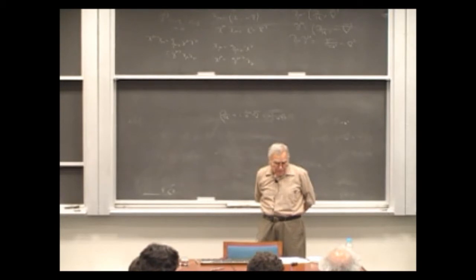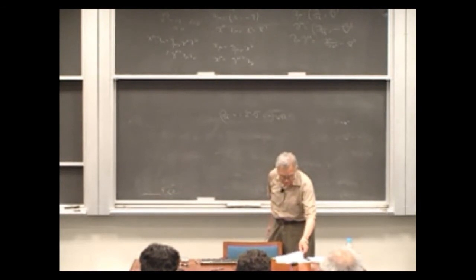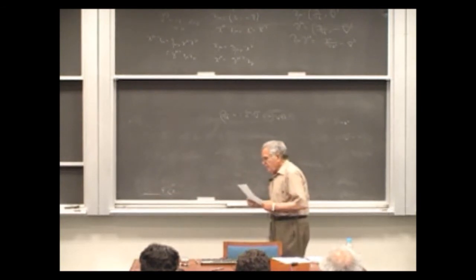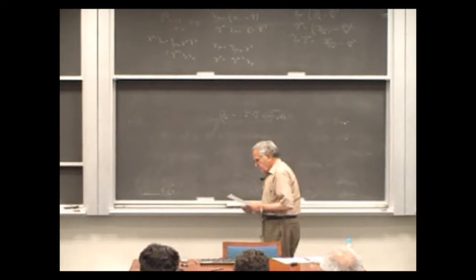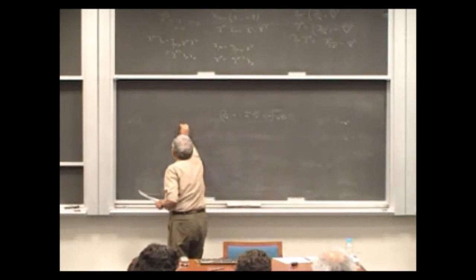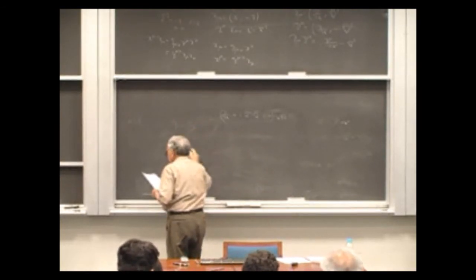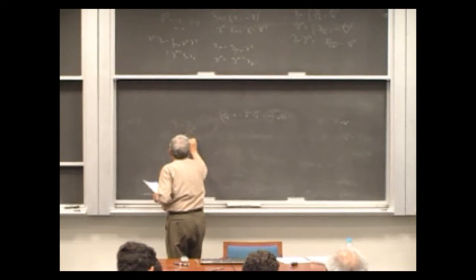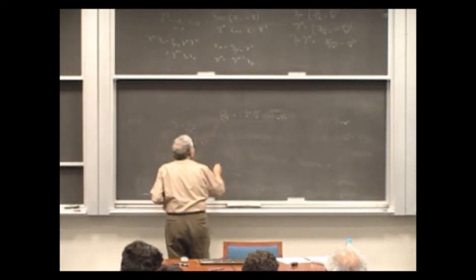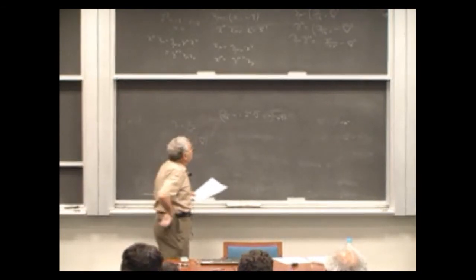Now, if you remember, let me write it first in this form. As I introduced before, this delta mu was delta over delta x mu, and this was actually delta by delta t, which appear, both of these appear here.